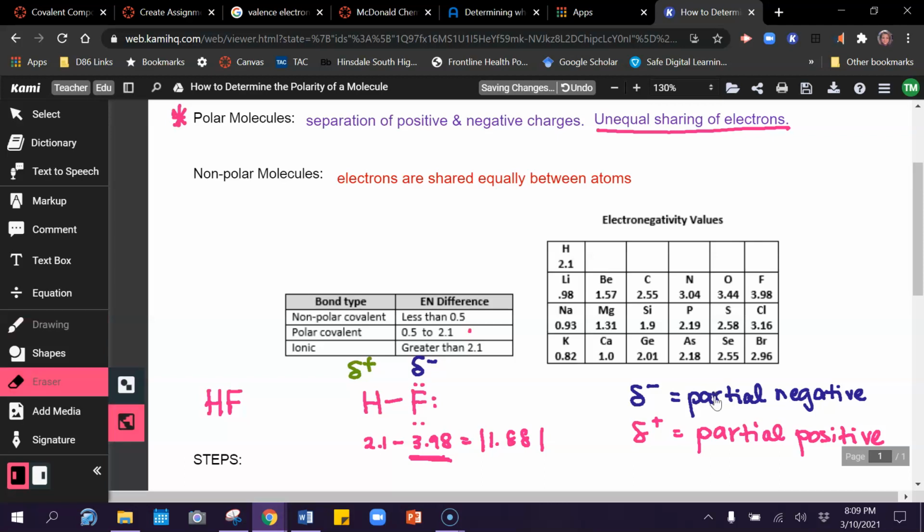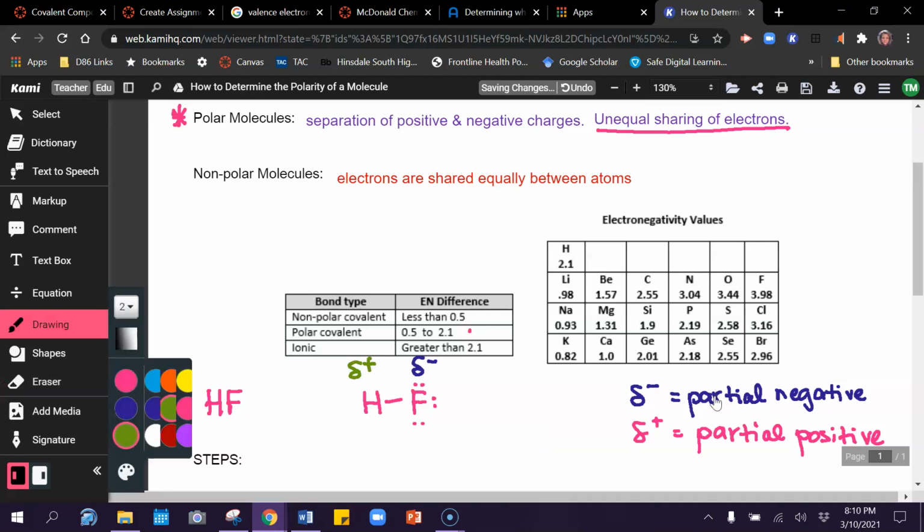So what this means, and let me erase some of these straight lines, is that my electrons are going to be attracted towards my fluorine atom.